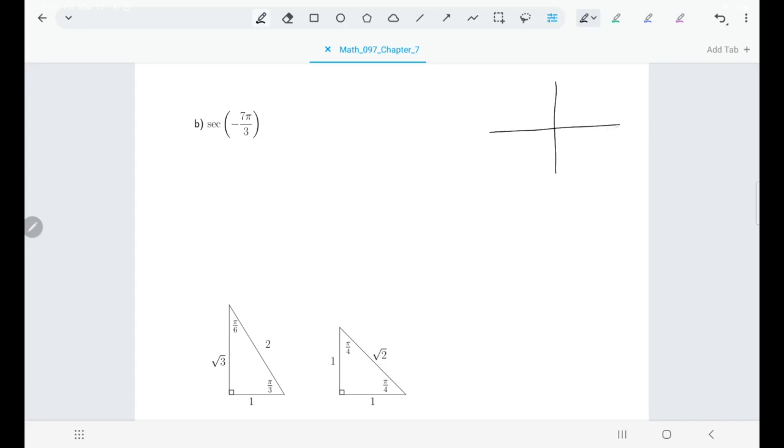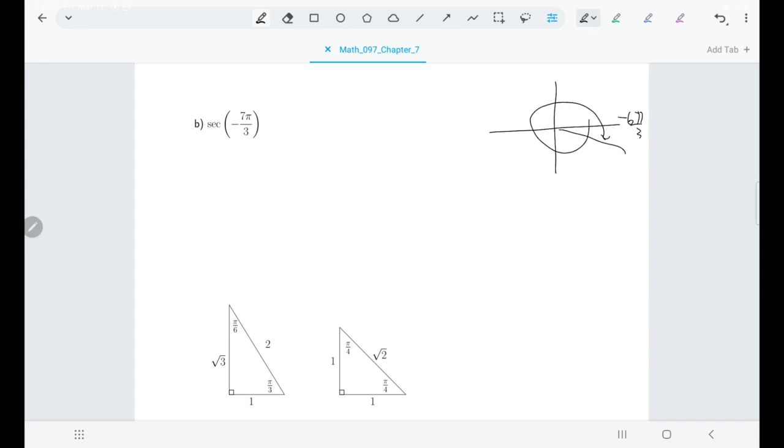I'd have to say, well, you're going 7 pi over 3 radians in a clockwise direction. I'd have to think about the fact that 2 pi, or 6 pi over 3, is a full circle. So -6 pi over 3 is traveling a full circle clockwise. So -7 pi over 3 is traveling more than a full circle clockwise.